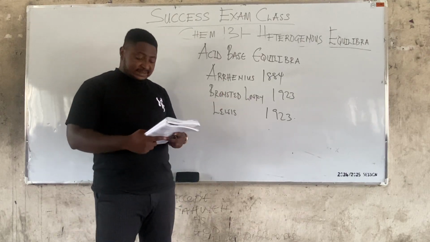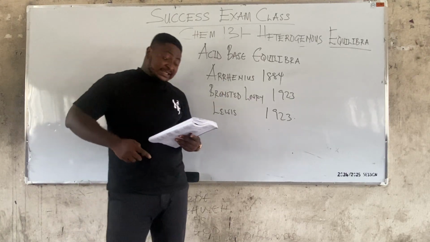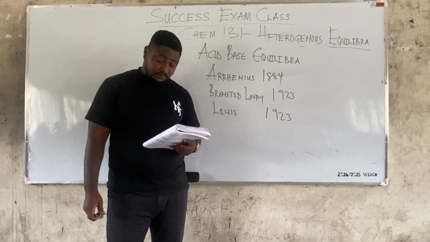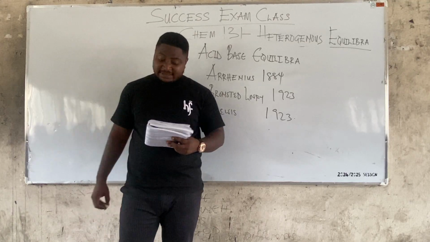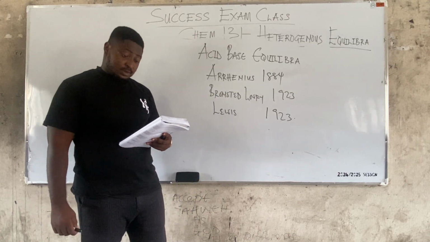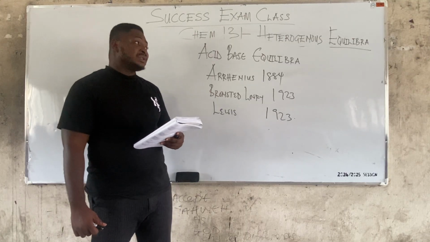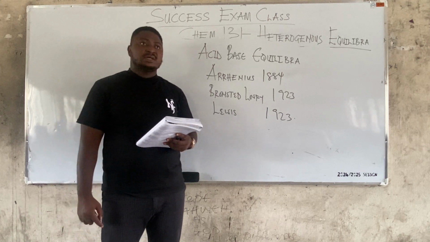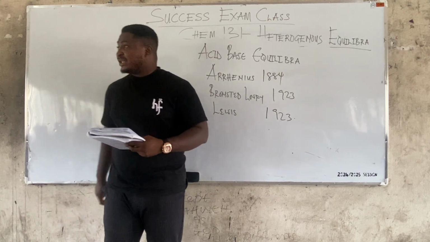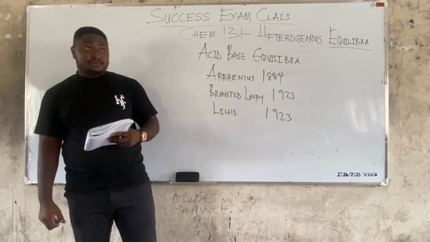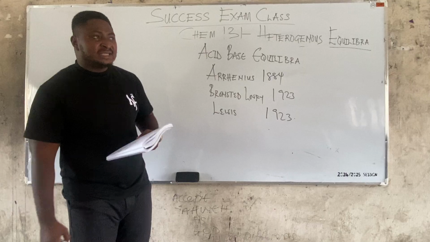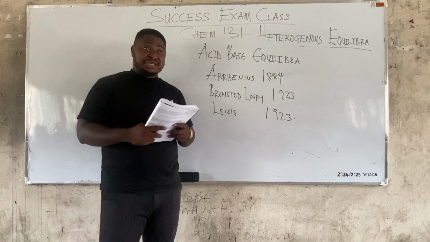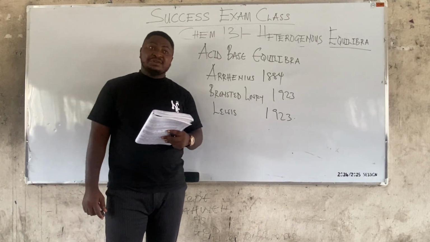So Arrhenius theory, let's start. Arrhenius theory states that an acid is a substance that contains hydrogen atom and produces hydrogen ion in an aqueous medium.